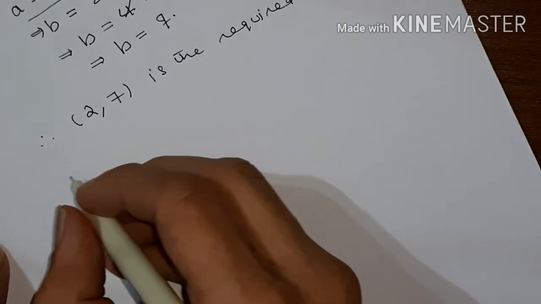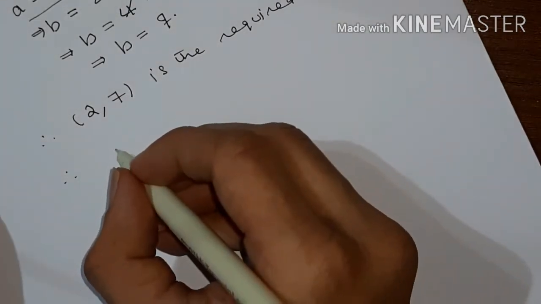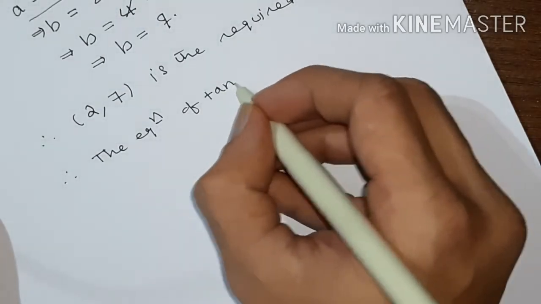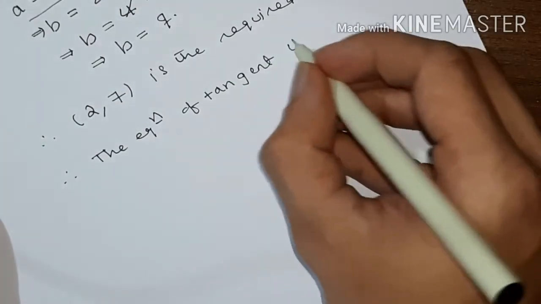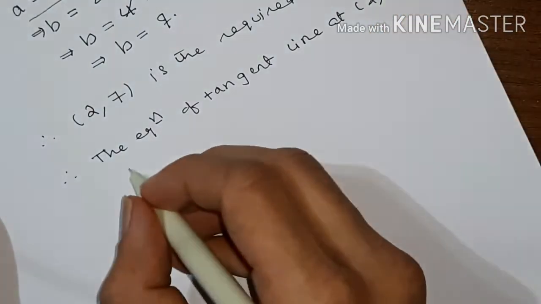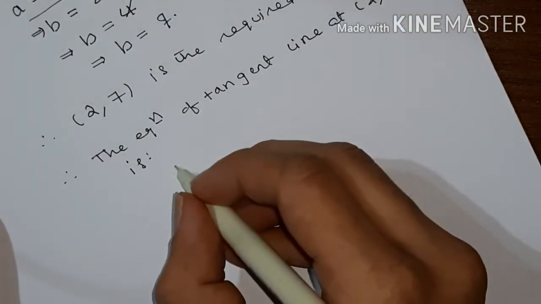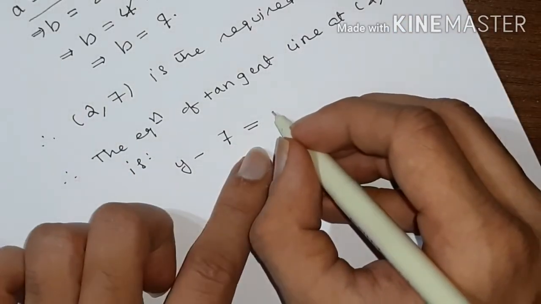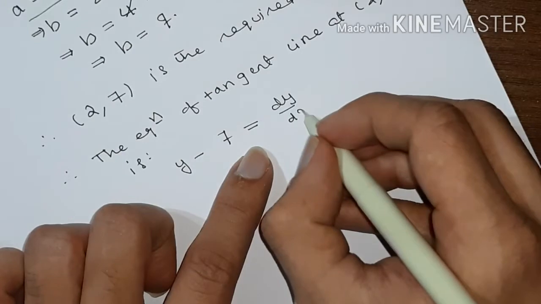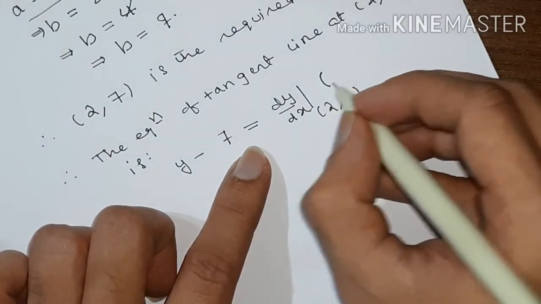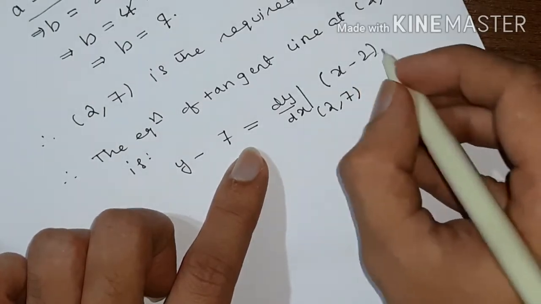Now we can find the equation of the tangent line. The equation of the tangent line at 2 comma 7 is y minus y naught equal to dy by dx at the point 2 comma 7 multiplied by x minus 2.